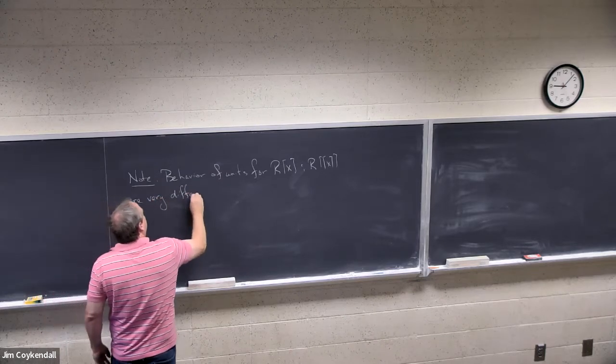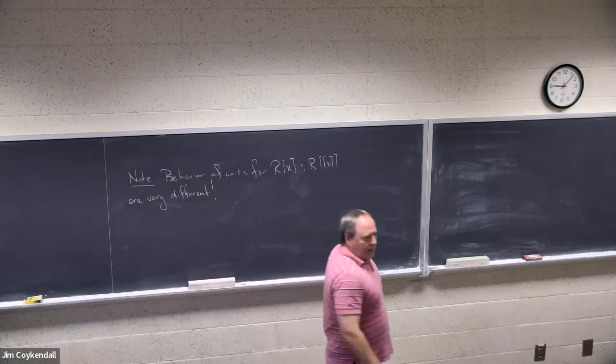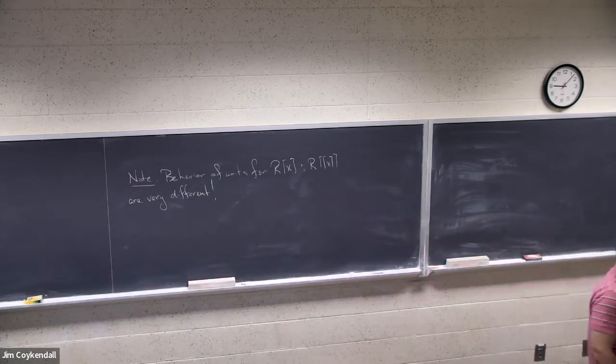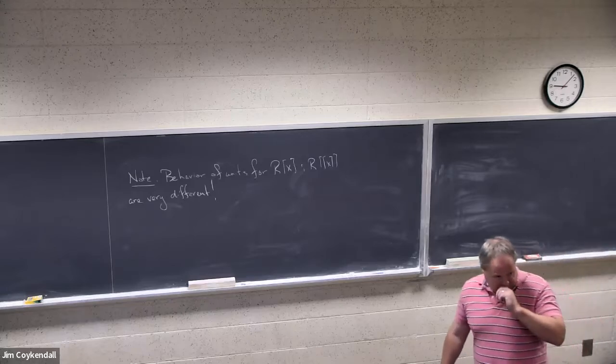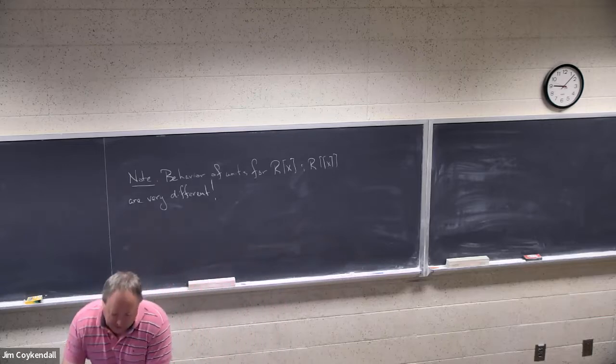As I pointed out last time, the size of the units of R[x] is the same as the size of the units of R, so in particular it can be finite. But for R[[x]], in any ring that has an identity, R[[x]] has an uncountable unit group, which is a big contrast.